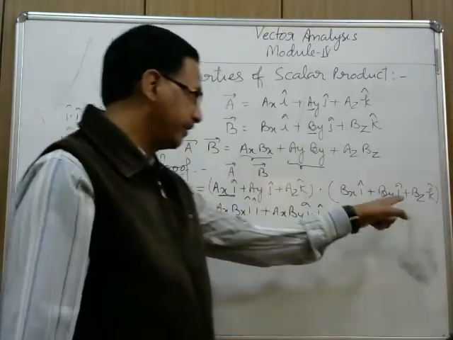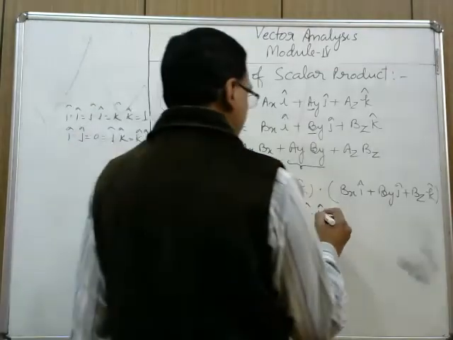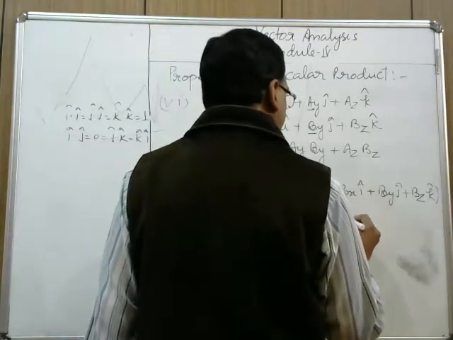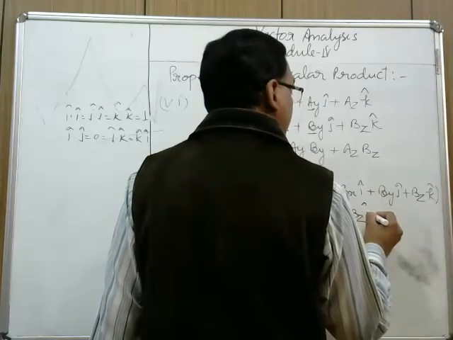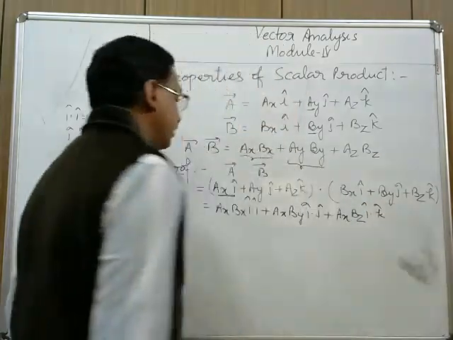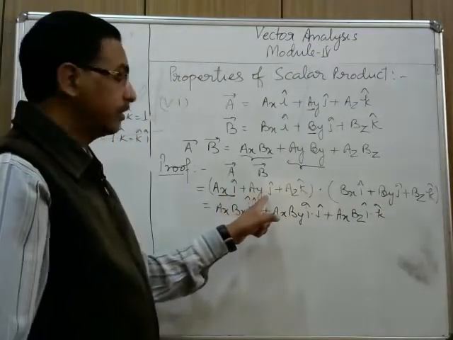Here it is i, here it is j. Now next, Ax Bz i dot k.